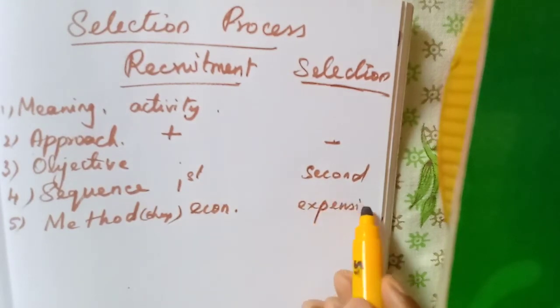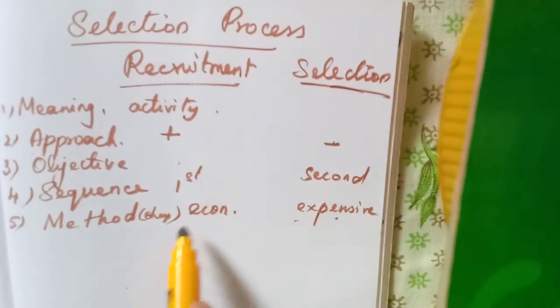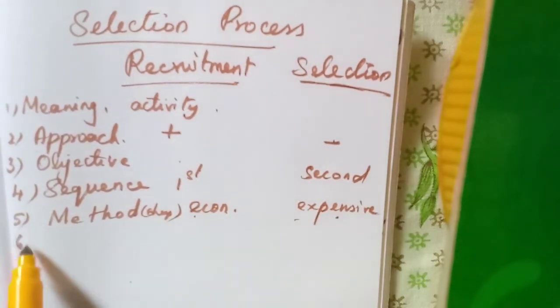We know they have to conduct various tests, call the candidates, and appoint many experts for interviewing them. Then they have to purchase papers and stationery. So we can say selection is an expensive method.